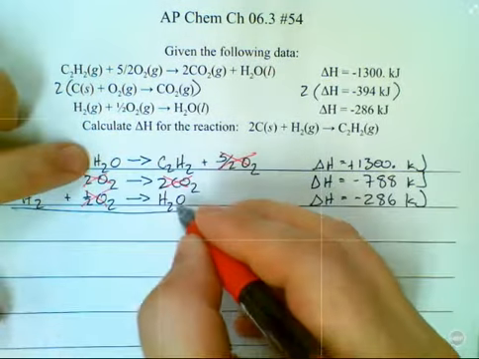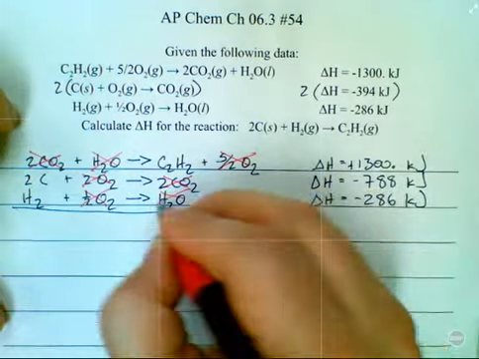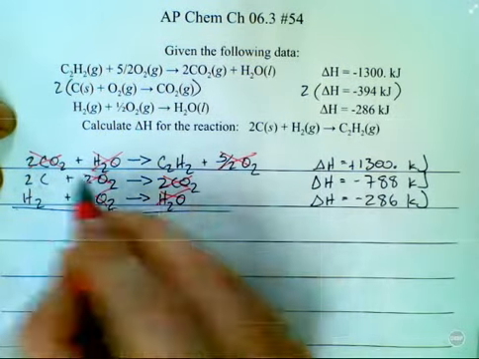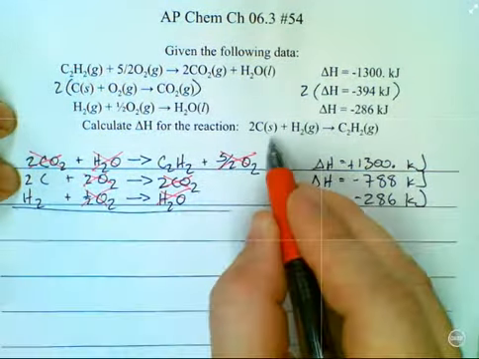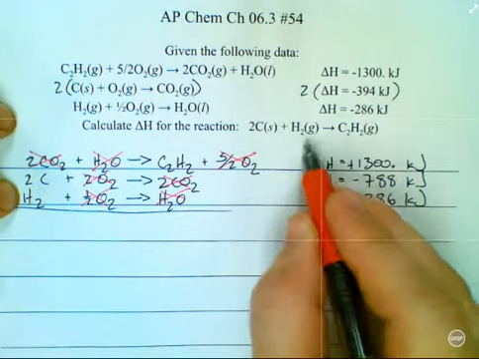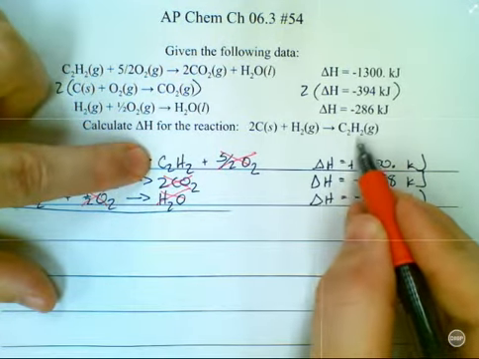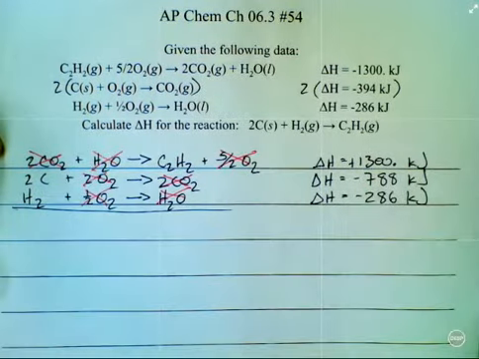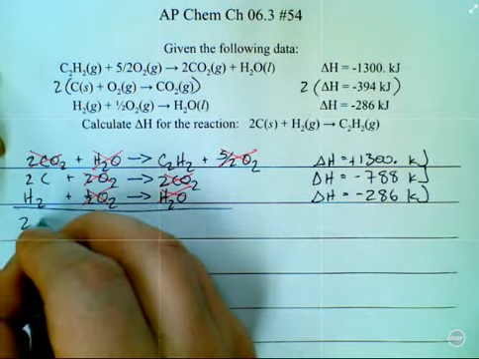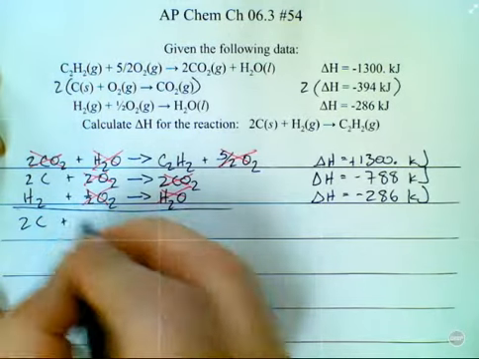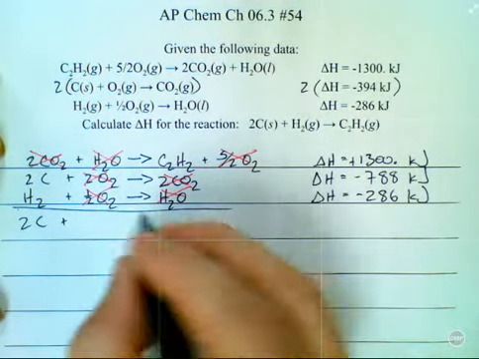I have 1 water on either side, so that'll cancel out, and you can see I have 3 species left. I have 2 carbons, an H2, and my C2H2, which is what I want. So I have accomplished a series of reactions that will give me my final reaction.